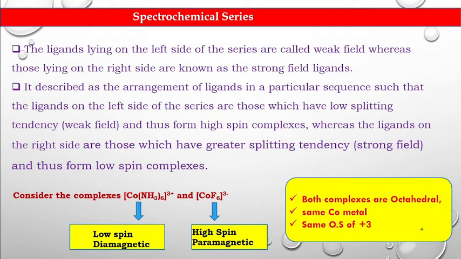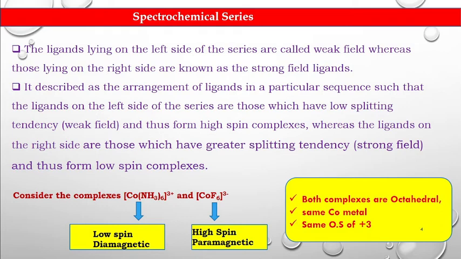The first one is a diamagnetic low spin complex, and the second one is a high spin complex, and it is paramagnetic in nature. Why? Because in the first case, the ammine, ammonia, is a strong field ligand, so it creates a high delta naught value.